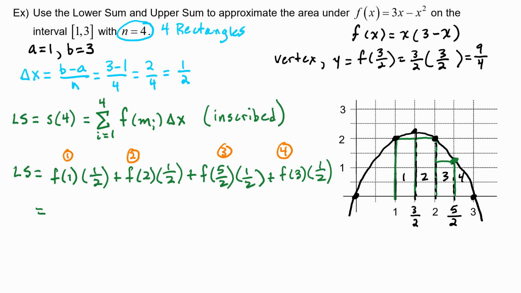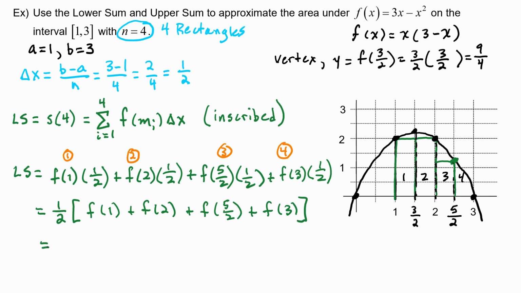So now we see all of these have a 1/2. Let's go ahead and factor that out front. So then we would have f of 1 plus f of 2 plus f of 5/2 plus f of 3 on the inside.